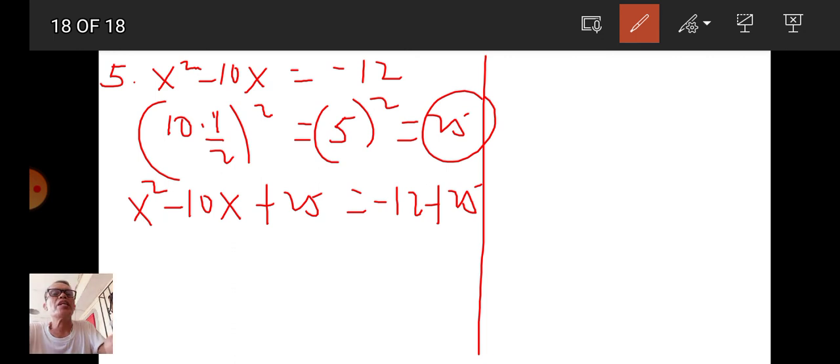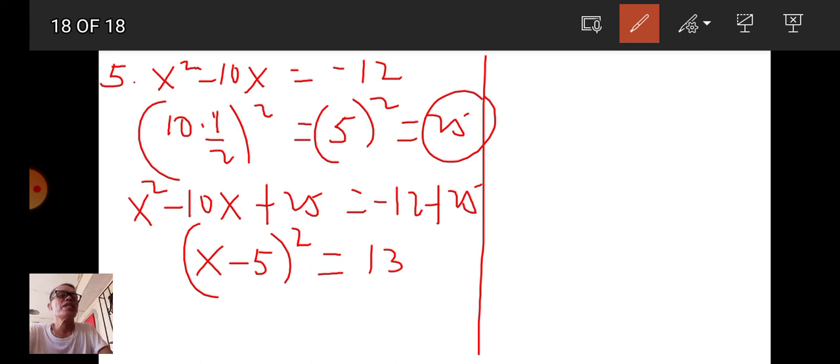So factor out the left side. You will have x minus 5 quantity squared must be equal to positive 13. Extract the square root. So you will have x minus 5 is equal to plus minus the square root of 13. So transpose 5 to the other side.